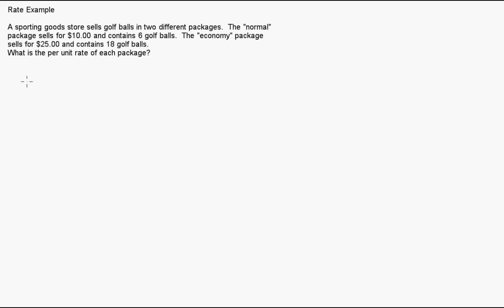So our normal package sells for $10 and it has 6 golf balls in it.